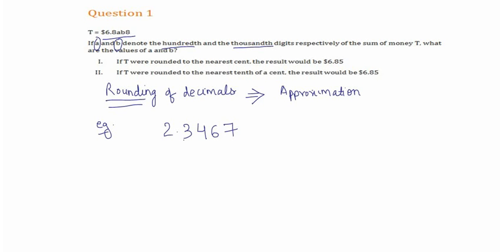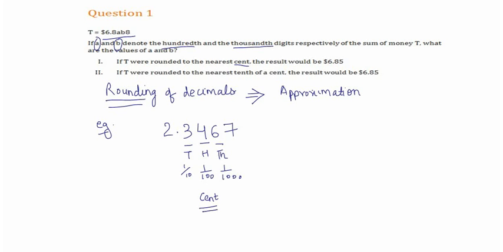We know that this is the decimal, so the digit to the right of the decimal is the 10th position, or I can write it as 1 by 10th. This digit 4 corresponds to the 100th position, and digit 6 corresponds to the 1000th position, and so on. In the question it's written nearest cent, so cent is nothing but the 100th position.